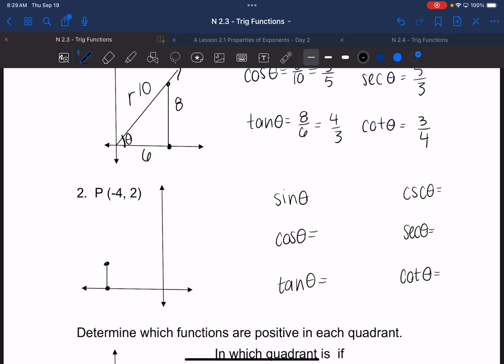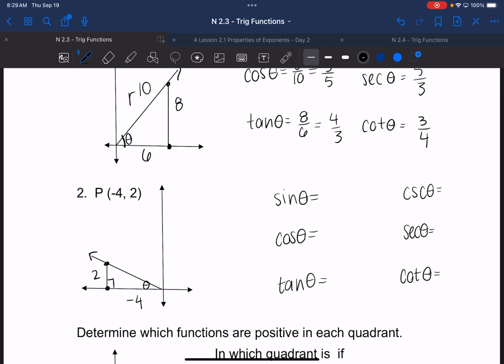Then I would need to draw the terminal side of my angle. So it looks something like that. So here I've got -4, here I've got +2, and there's my right angle, right? And here's my theta.